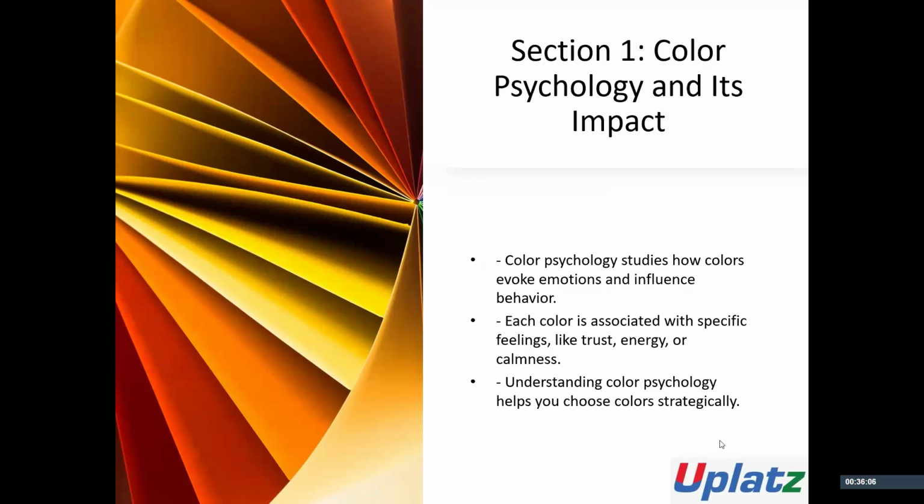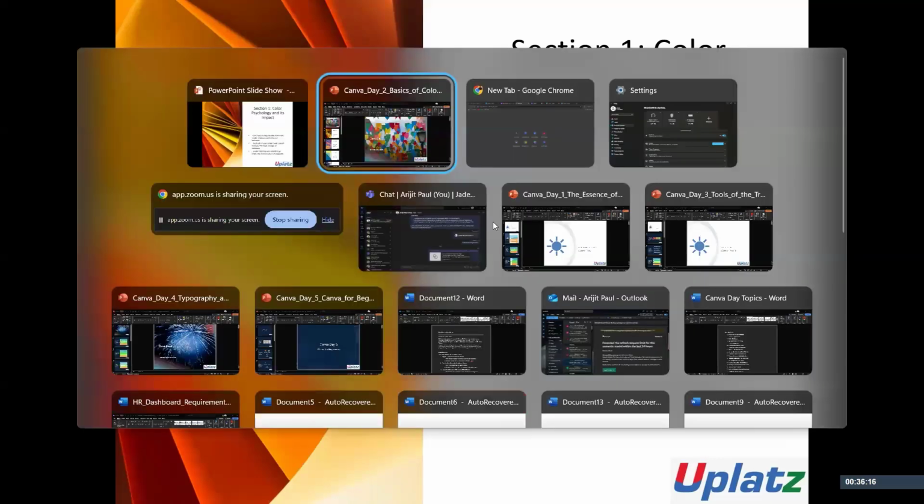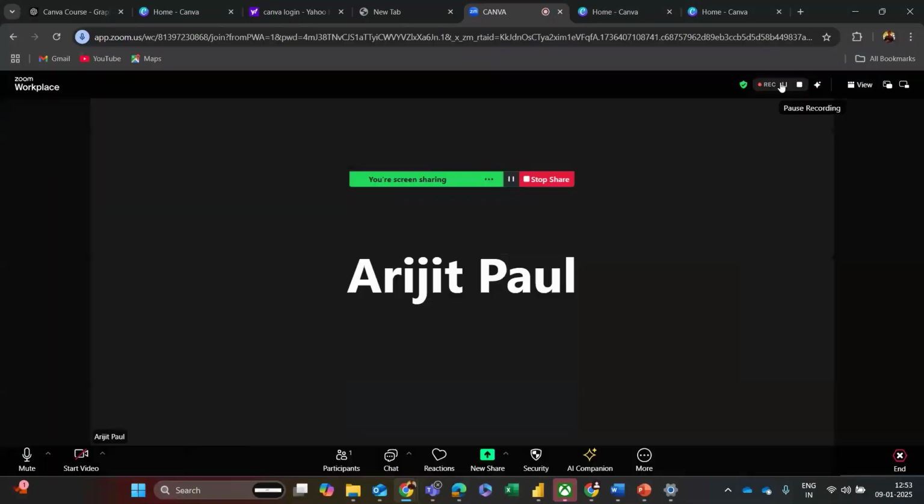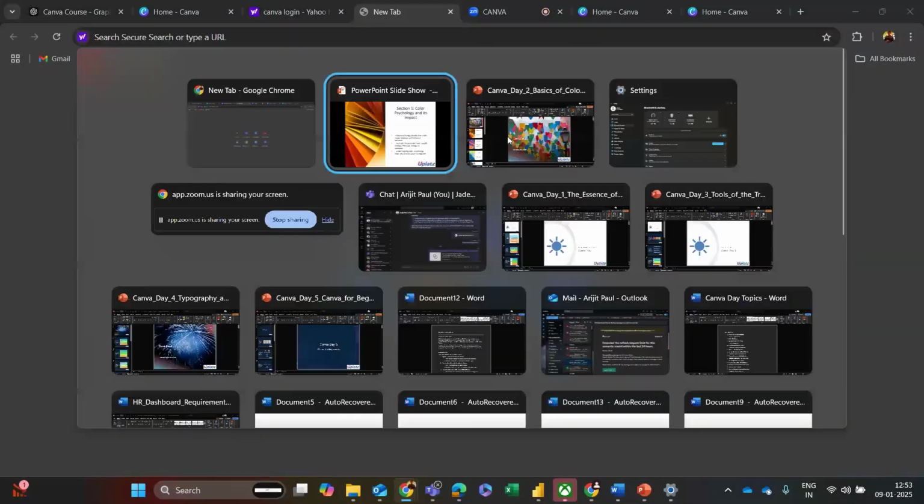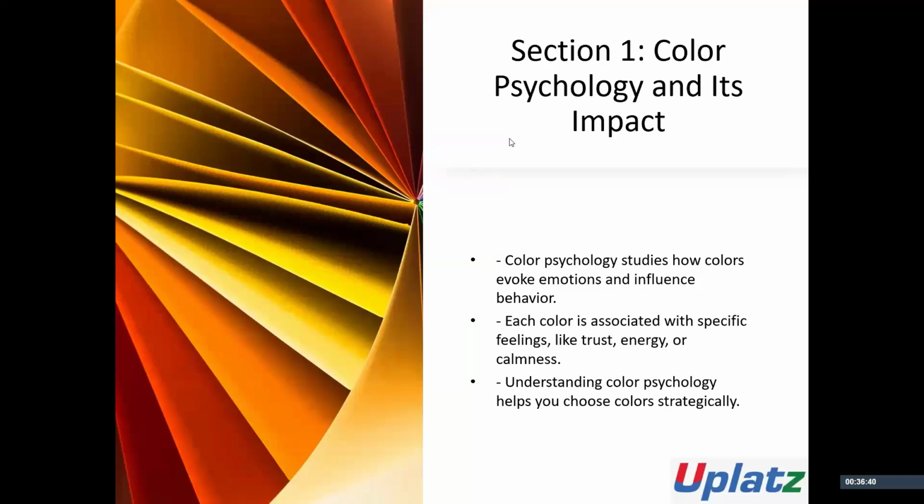By the end of this session, we'll understand how to use colors effectively in our designs and even create our own color palettes. This design is divided into three sections, and today we'll start with the first section, which is color psychology and its impact on design.